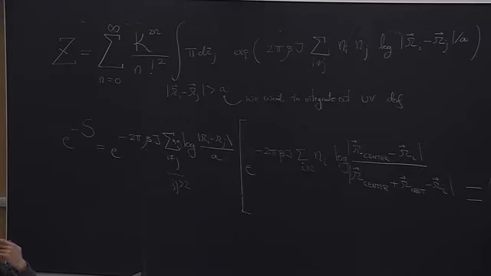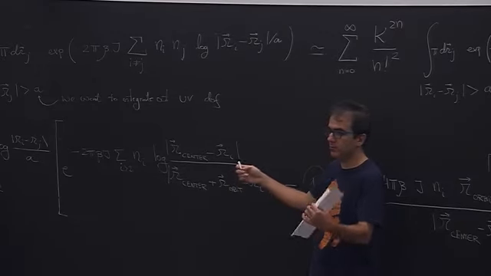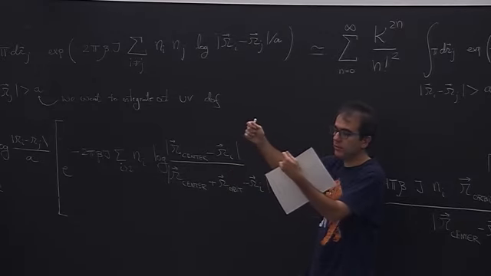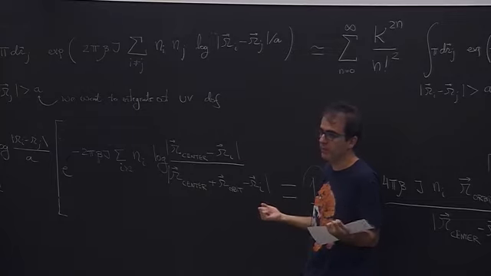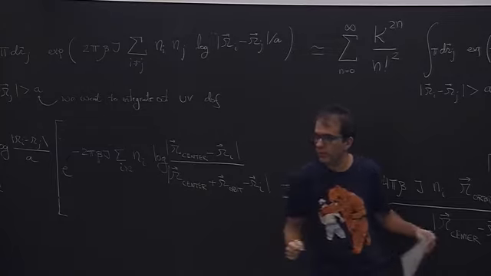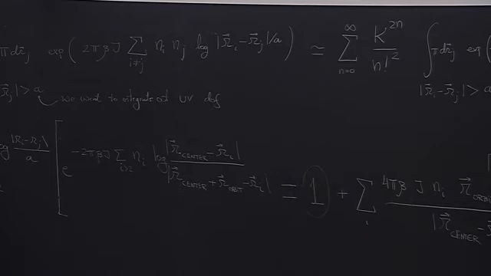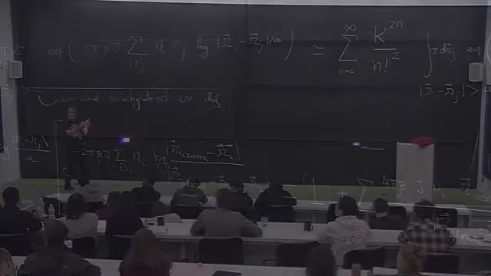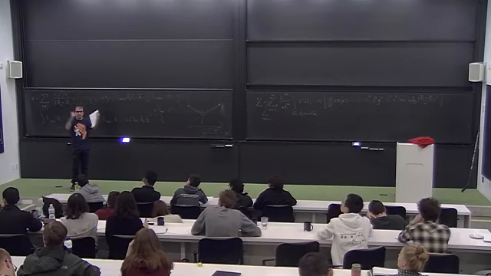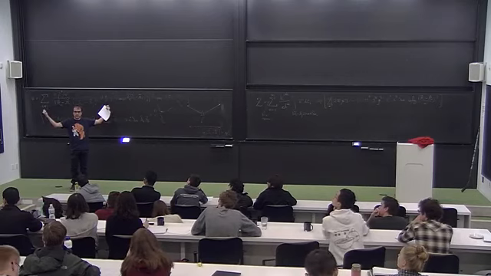Then it's 1 plus something small. When both are big, it's a very big effect. What happens is that the vortices don't want to get close to each other when they have the same sign because they repel. Vortices of opposite sign attract, so there is some chance that they stay together. Vortices of the same sign repel, so they are not going to be together.